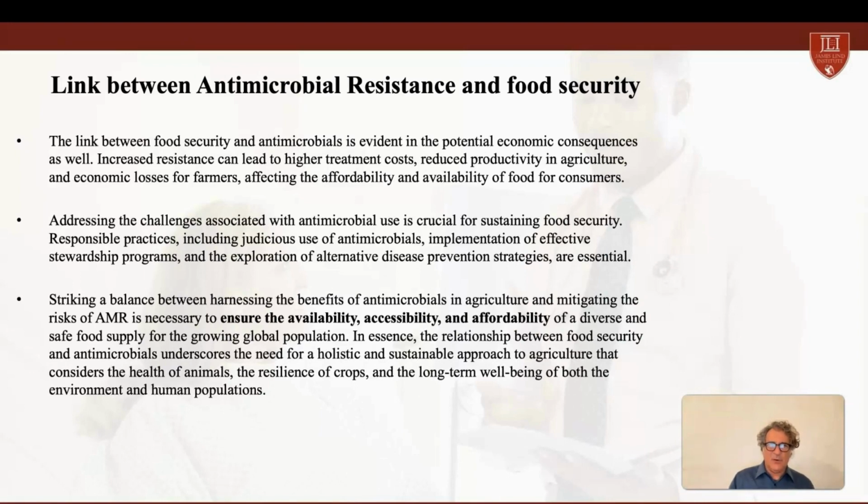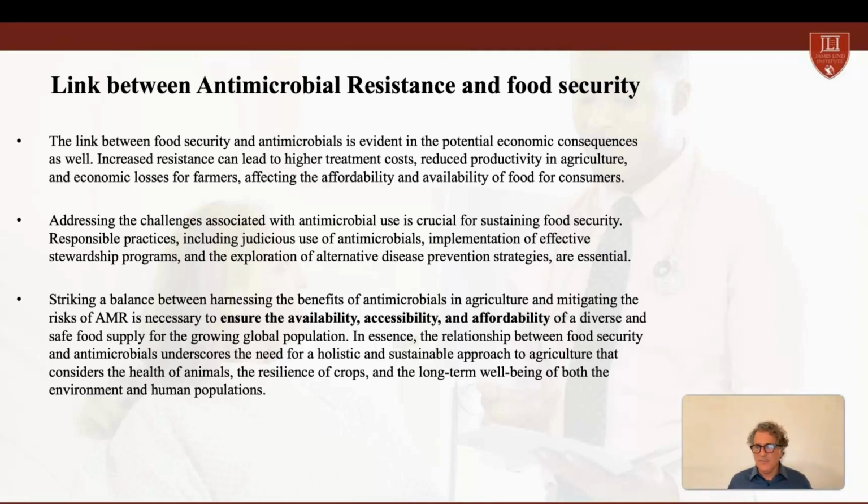We see that another problem correlated to food supply and food security is, first of all, to ensure availability in terms of the amount of food, not just talking about the meat, the milk, and the products coming from animals, but also all the crops, because we see that antimicrobial resistance is also diffused and used in the crops.